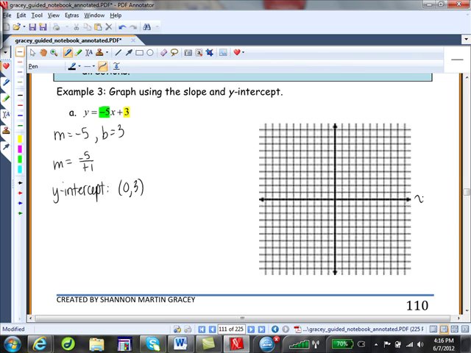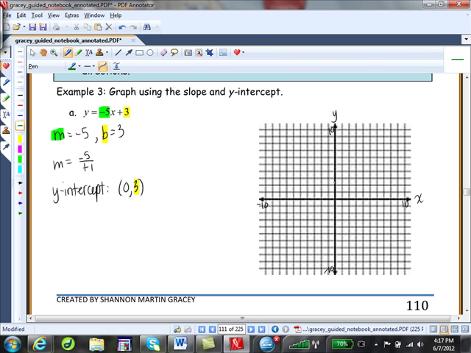So let's just do the regular scale and name our axes. We're going to first plot our y-intercept, and we got this because, you know, b is 3, and then m was the -5. All right, so we're going to start out by putting in our intercept.